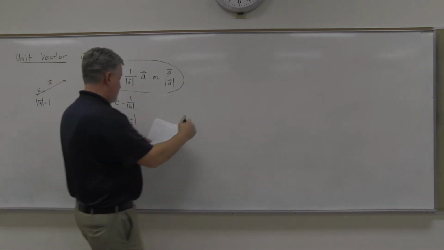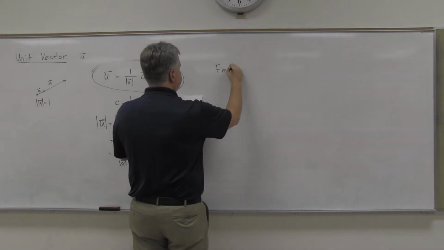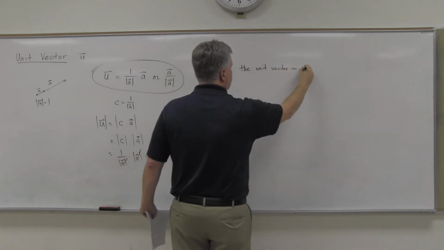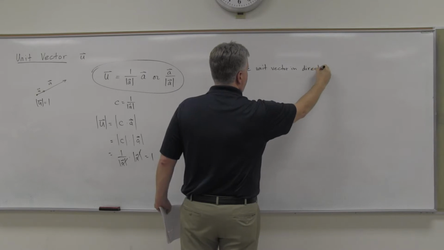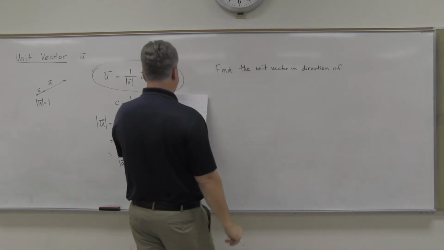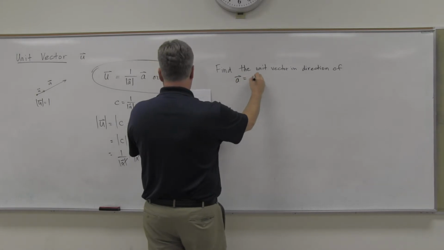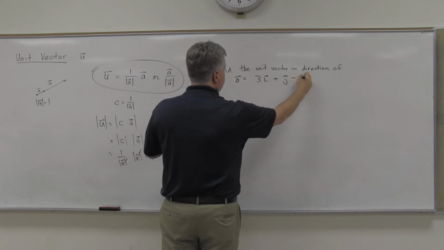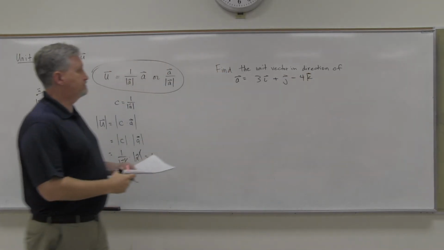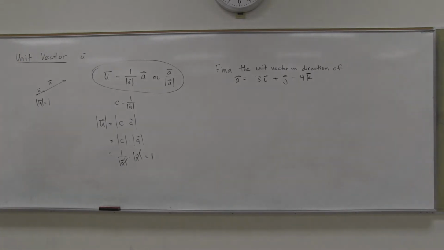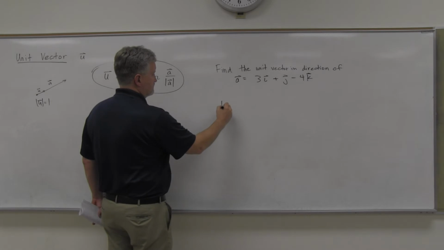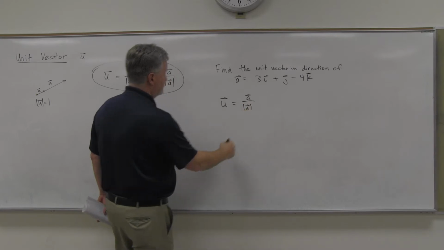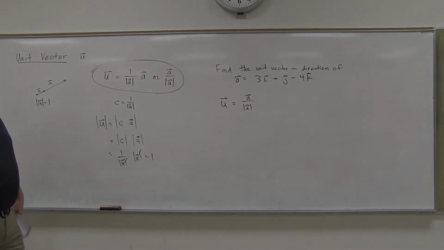So let's find the unit vector in the direction of A equals 3i plus j minus 4k. It's just A divided by its magnitude, or however you want to write it the other way, that's fine.